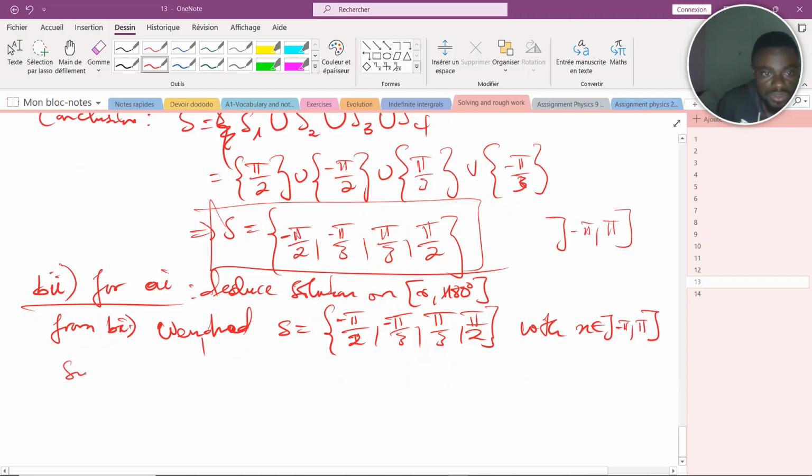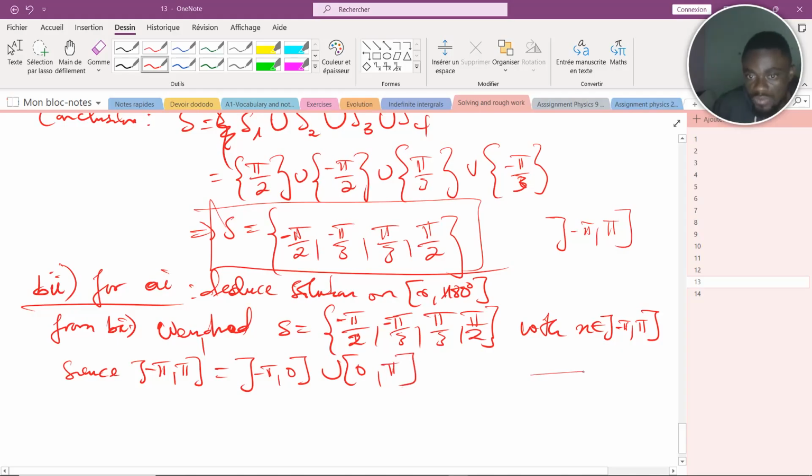Since the interval minus pi to pi is equal to minus pi to 0 union 0 to pi, because if I draw my interval like this, if this is minus pi and this is pi, 0 is in between minus pi and pi.